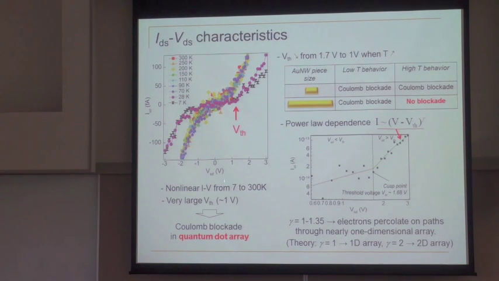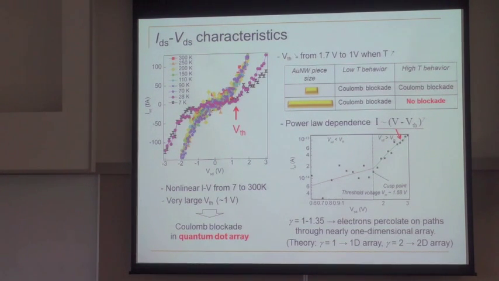So these results indicate that this transport is explained by the Coulomb blockade in a quantum dot array. And in detail, the threshold voltage decreased with increasing temperature. This is because the long pieces of nanowire cannot show the Coulomb blockade at high temperature due to small charging energy.